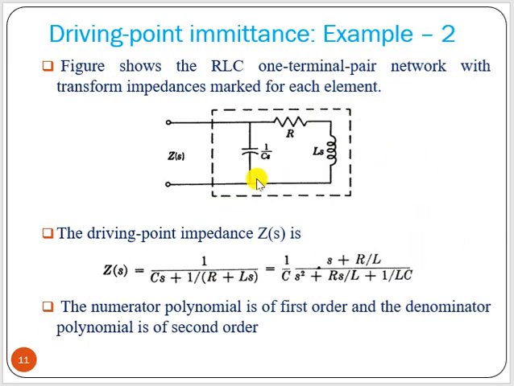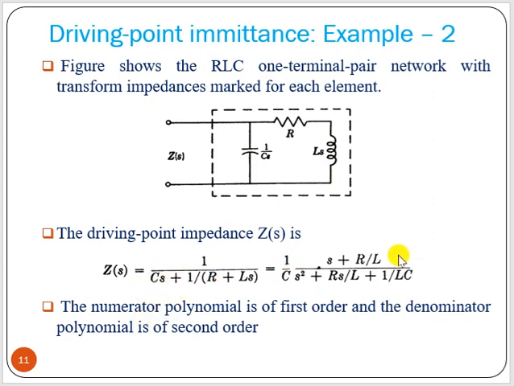Now say another example. Here R and L in series, which is in parallel with the capacitor C. So Zs will be what? 1 divided by 1 by (R plus SL), this impedance that is in parallel with it, plus 1 by 1 by CS, which is CS.